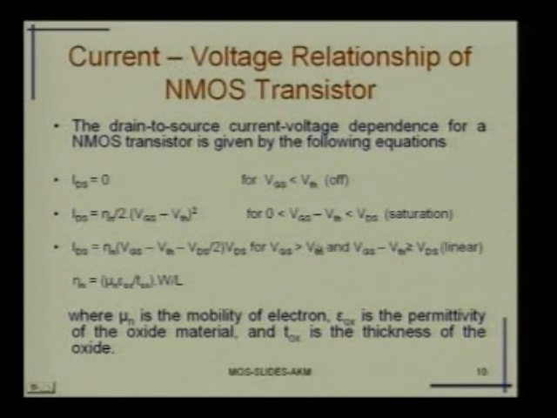That is, VGS is greater than threshold, but VDS is not sufficiently large to have the channel pinched off.